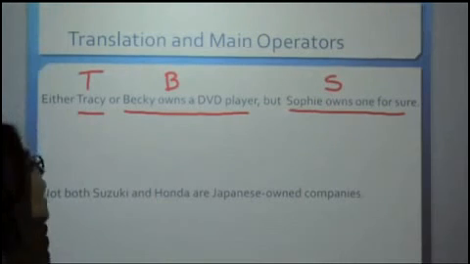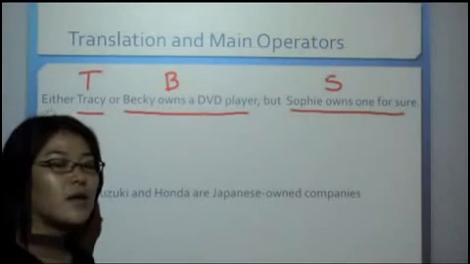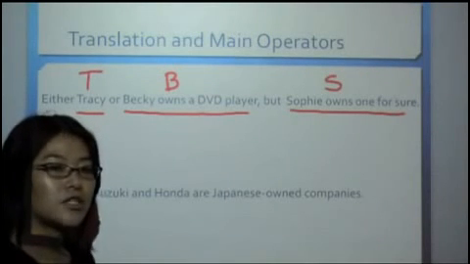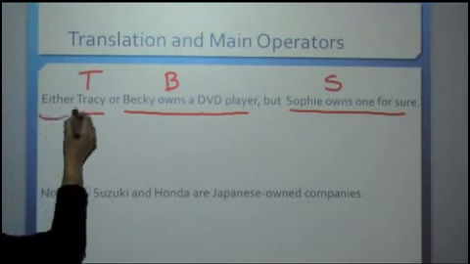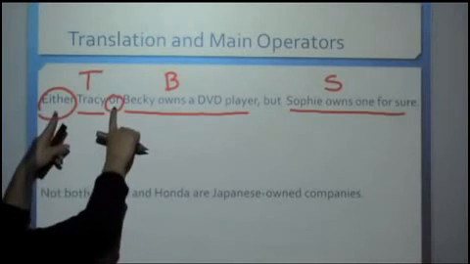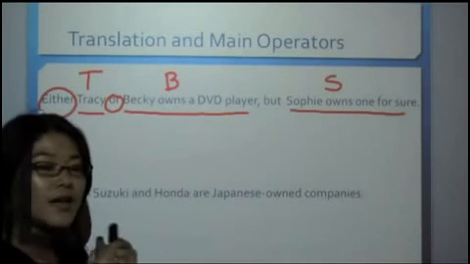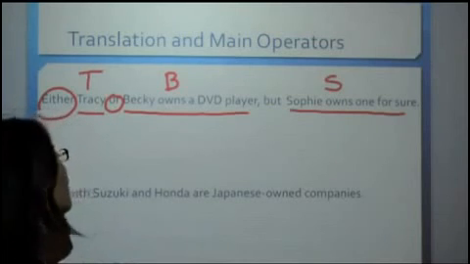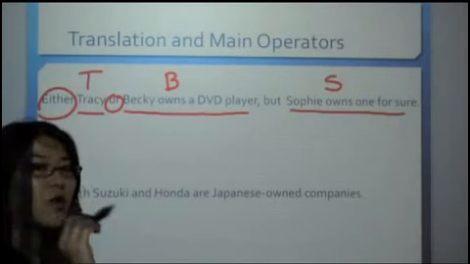Okay? So now that we've identified the simple statements that make up the compound statement, we want to identify the logical operators. Notice that here we have either, okay, and we have or, okay? And either as well as or always go together, okay? So they constitute one logical operator. And the logical operator they constitute is the disjunction wedge.